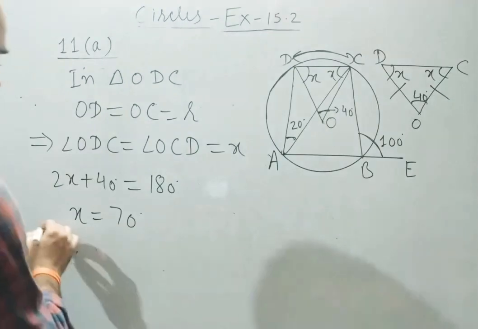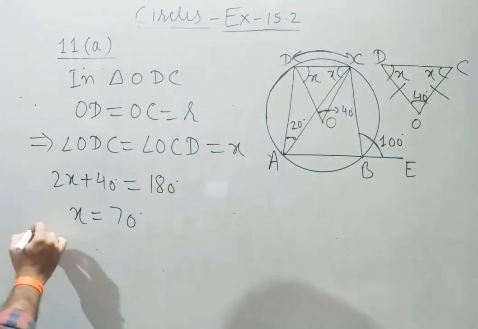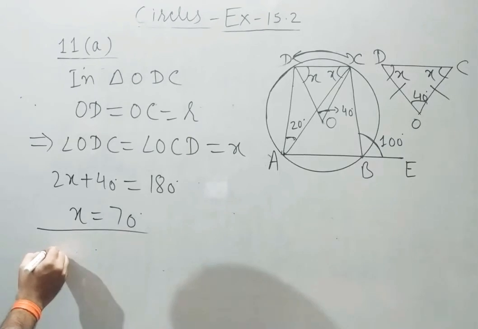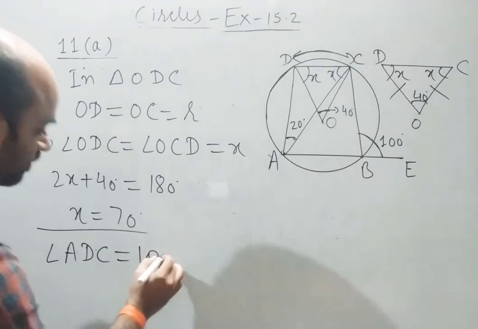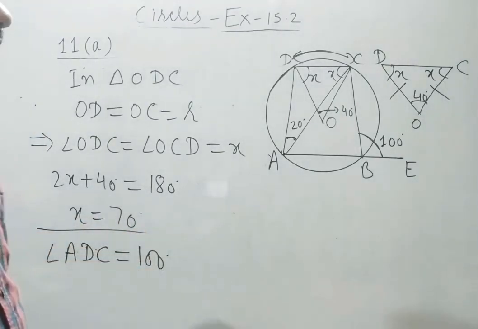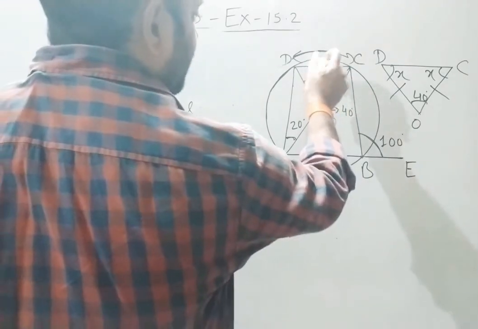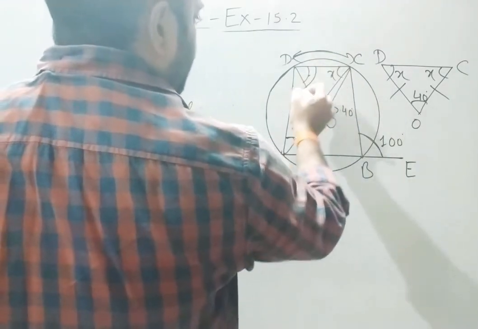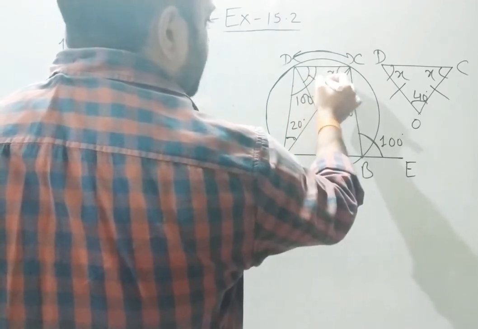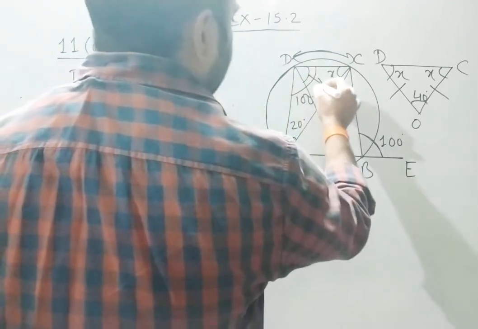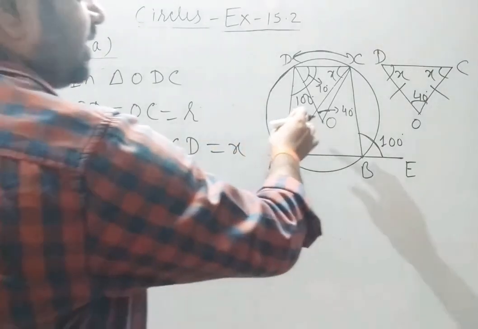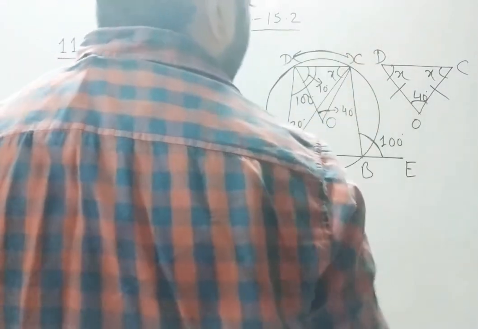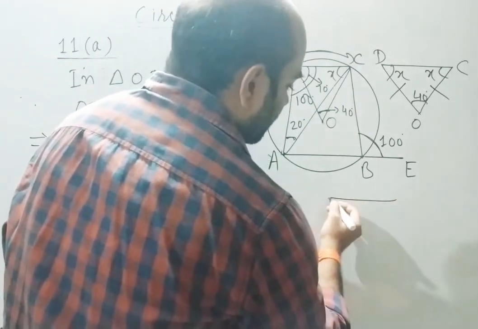So already we have calculated the value of angle ADC, the first part. ADC, this complete angle is 100 degrees. And this angle is 70 degrees. See here, again I am drawing the diagram.